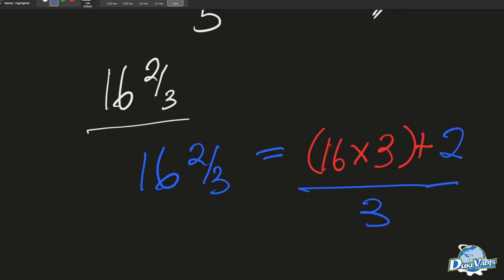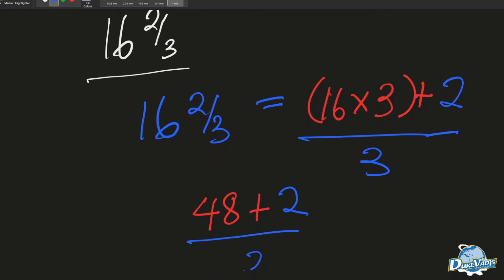You see, in the bracket, 16 multiplied by 3 will give us 48. That's one. So we say 48, plus, don't forget, we still have our 2, so the 2 divided by 3. And 48 plus 2 will be 50.